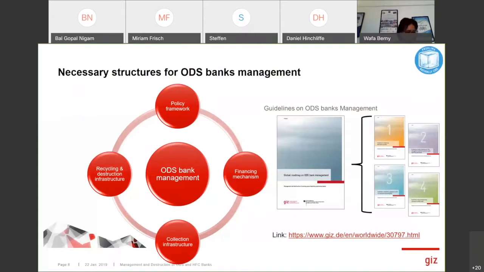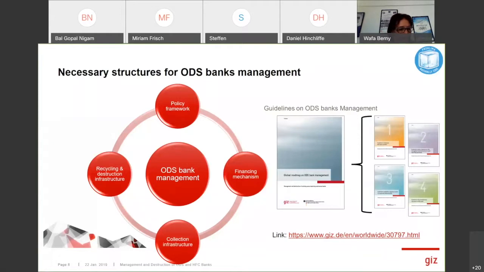Basically, the main publication, the Global Roadmap, is a summary of the four aspects highlighted here in the circle. On one hand, we have the policy framework, which explains that it is important to establish a suitable set of laws and regulations that target both ODS and equipment containing ODS.